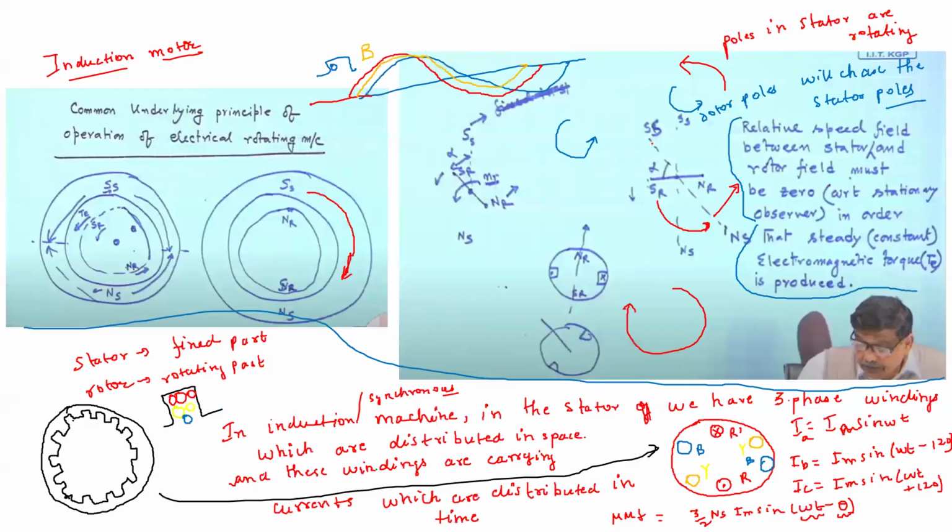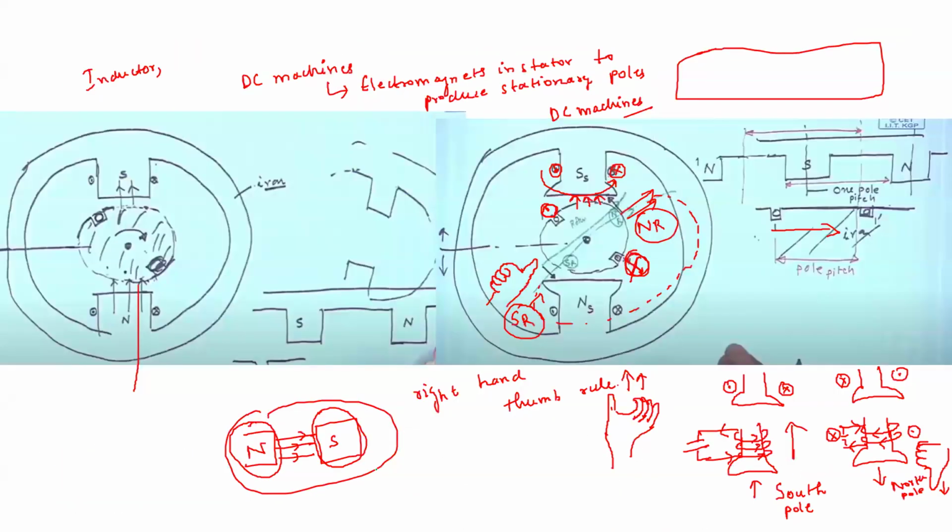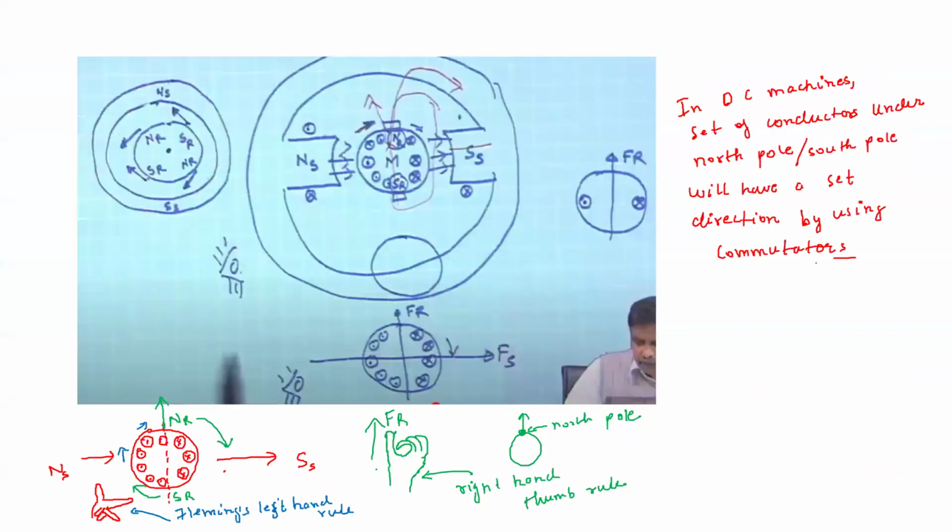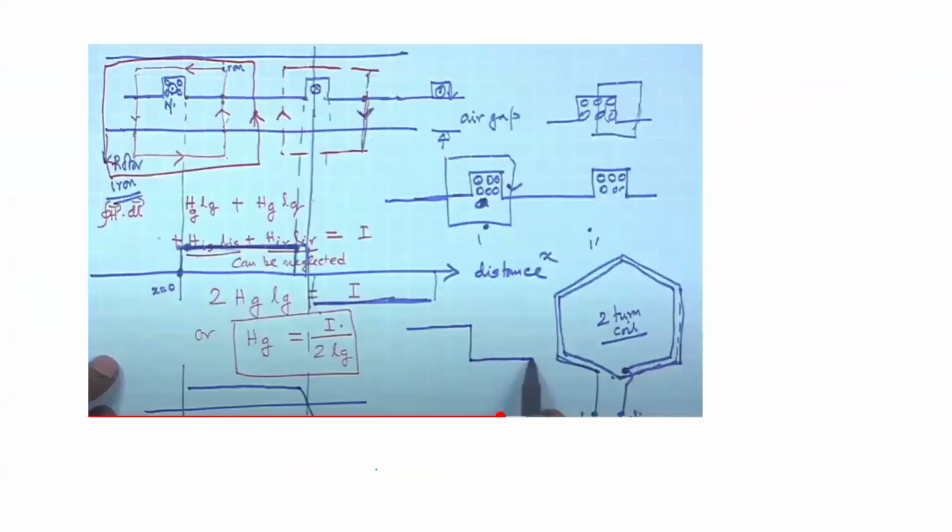Now we have come from the linear to the rotating part, so I'll be discussing the coil and coil span. Let us say this is north pole, this is south pole, and here we have one end of the coil.